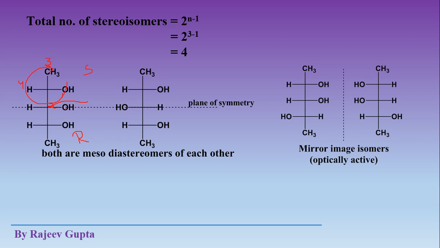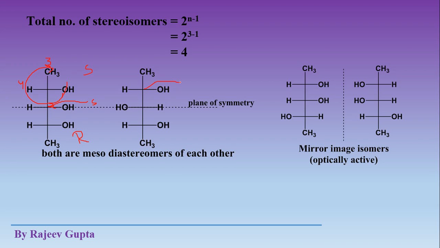Now this one: here it is 1, here it is 2, and this is 3, and this is fourth. 1, 2 and 3. Now we get clockwise movement, but the fourth number is on this side, so it is small r.